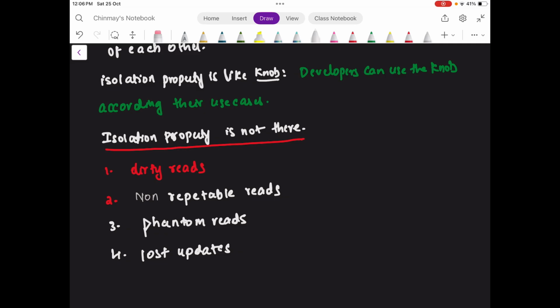Okay, the user can twist the knob. The user can avoid only dirty reads, or twist the knob up to avoid dirty reads and non-repeatable reads. The user can avoid all three, dirty reads, non-repeatable reads, and phantom reads.